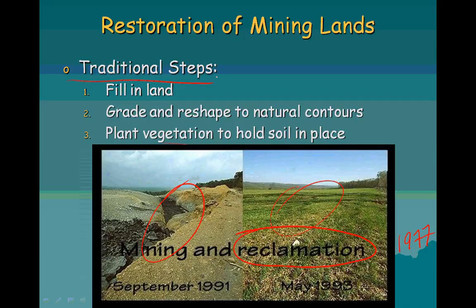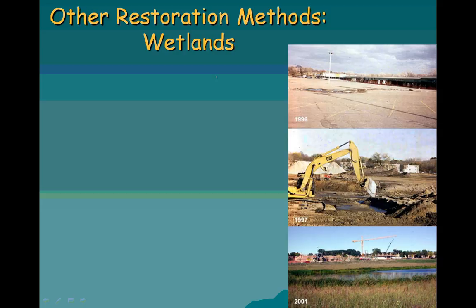I'm going to go into a couple other ways that you can go about restoring an area, and it doesn't necessarily have to be with mining. This is a picture showing how a parking lot was transformed into a wetland.